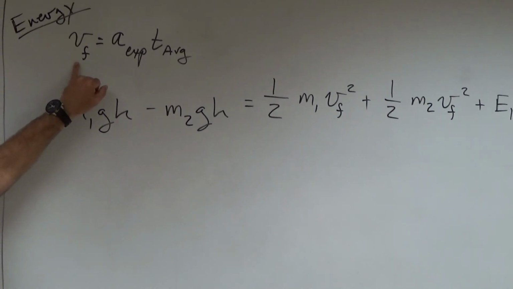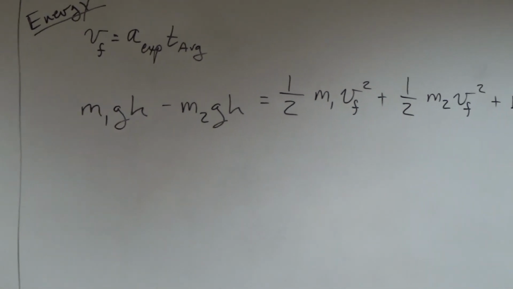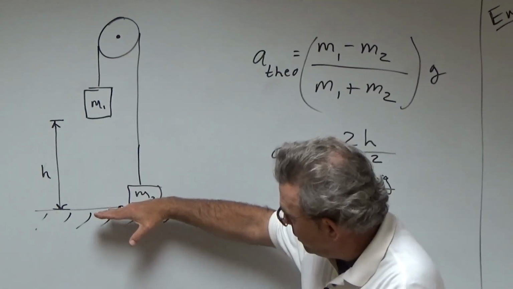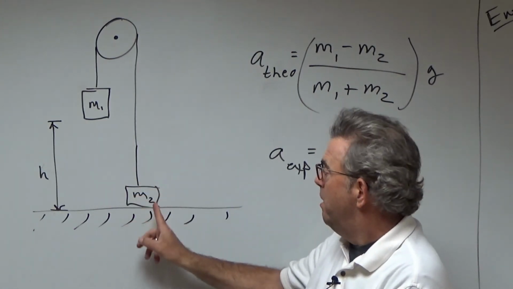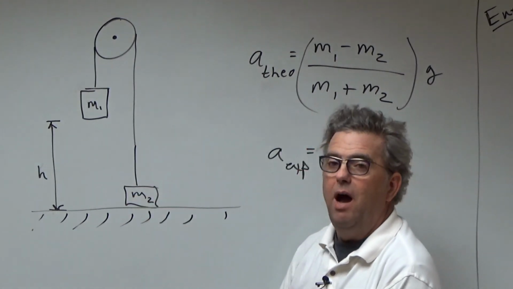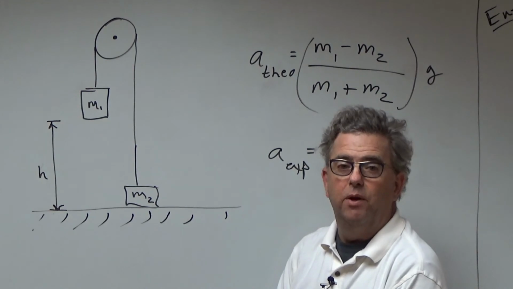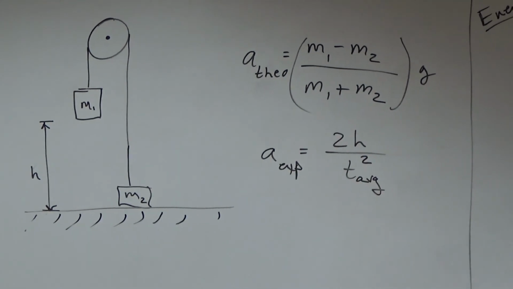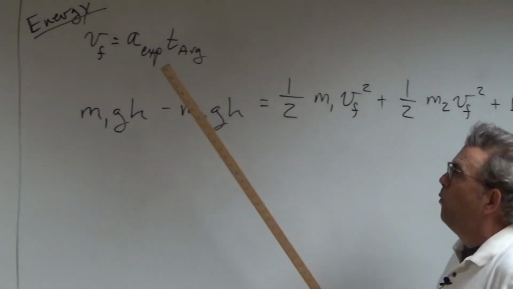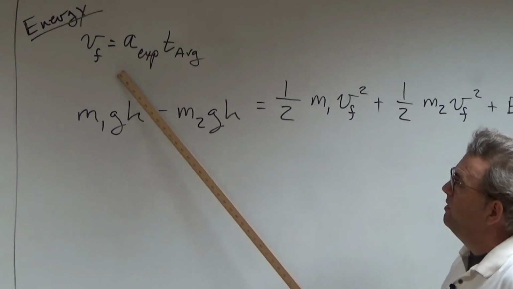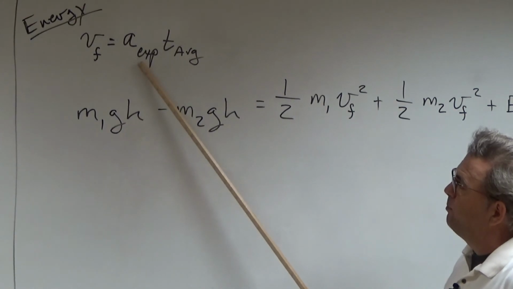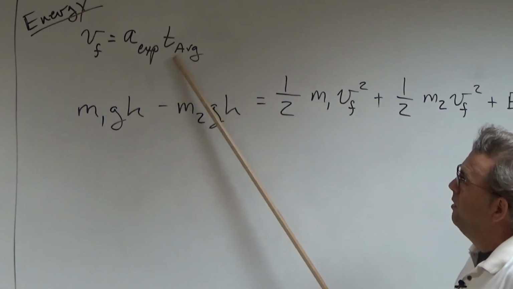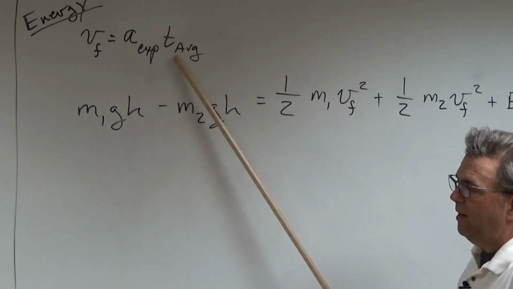The final velocity, I hope you would agree that when that mass M1 touches down and hits the ground, both of these objects have the same speed. Okay, so they have the same magnitude of velocity. So for the final velocity of the system, it's simply the experimental acceleration multiplied by the average time.